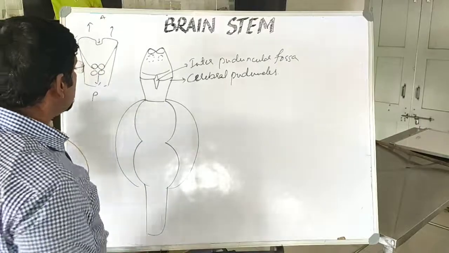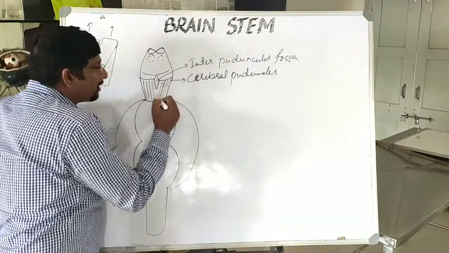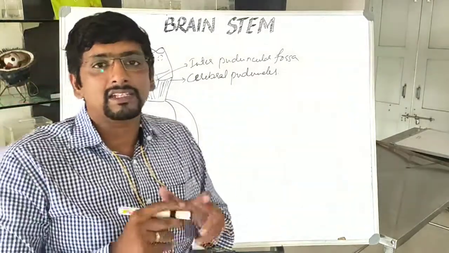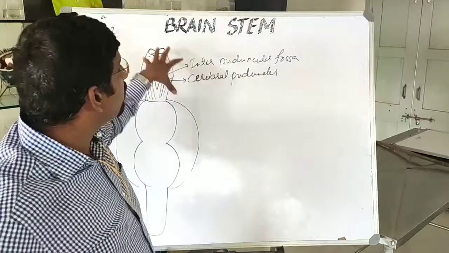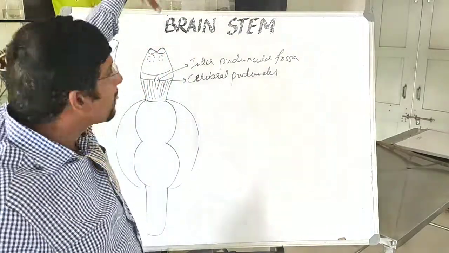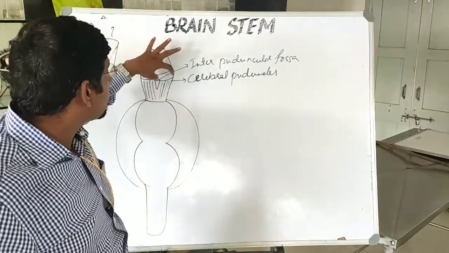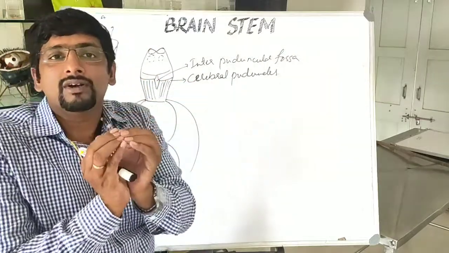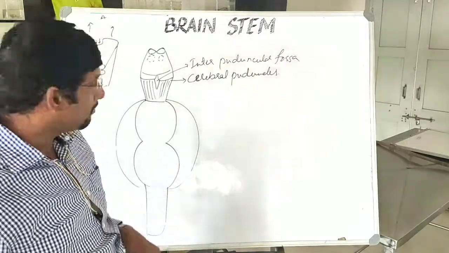The crus cerebri, the cerebral peduncles, contain inside a bunch of white matter which is carried from the brain above to the brainstem. So these are actually the main bundles of the brain, coming down in the cerebral peduncles.